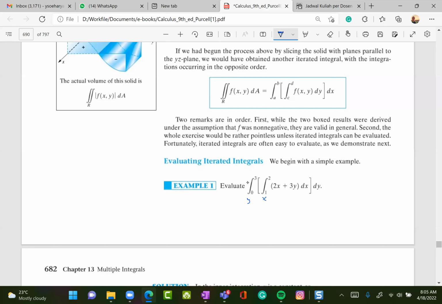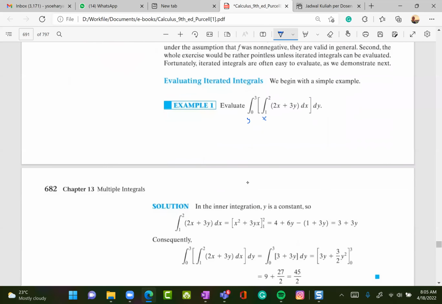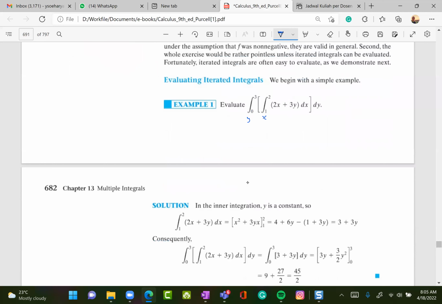So if you do the integral with respect to x first, compute this one, x squared. When you integrate with respect to x, everything containing y, you treat as a constant.